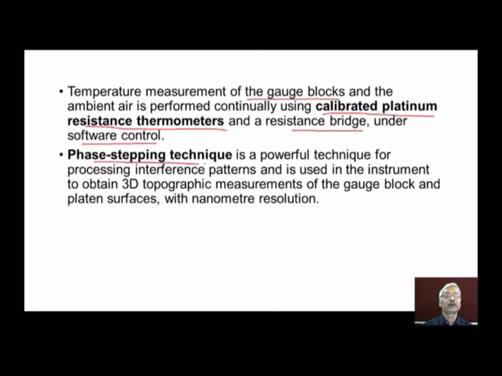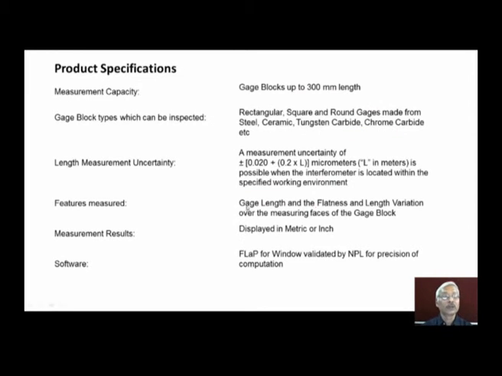Phase stepping technique is a very powerful technique for processing interference patterns, and such a system is used in the instrument to obtain three-dimensional topographic measurements of the gauge block surfaces and platen surfaces with nanometer resolution. The product specifications are listed here.